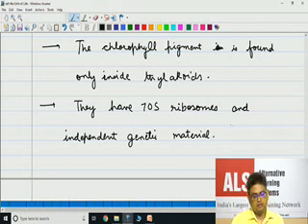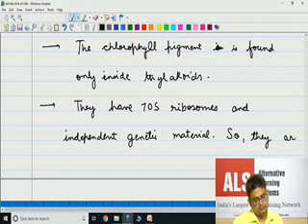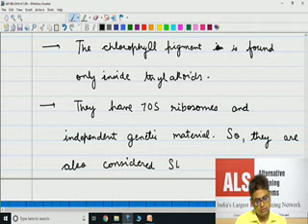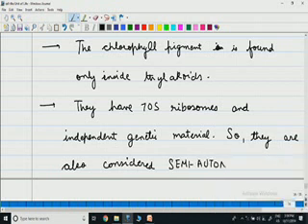So they are also considered semi-autonomous organelles.